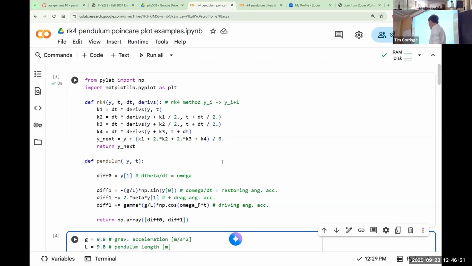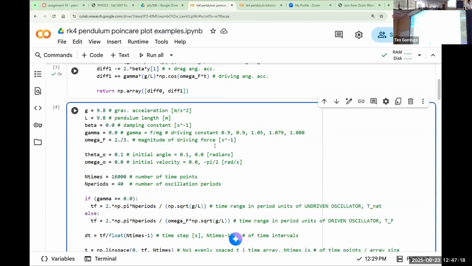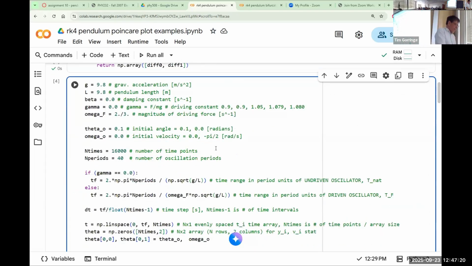This pendulum user function is my definition of the ordinary differential equations describing the system. And this RK4 function is that fourth order Taylor approximation to the solution of the differential equation at a future tick based on the solution at a current tick. Okay, nothing new there. Nothing mostly new here, I think.